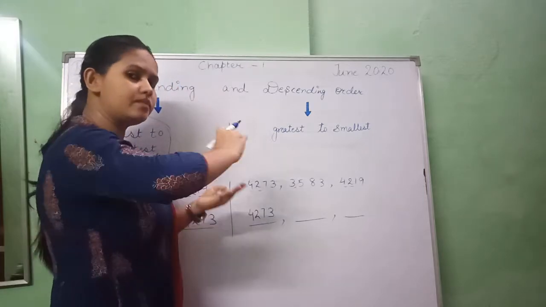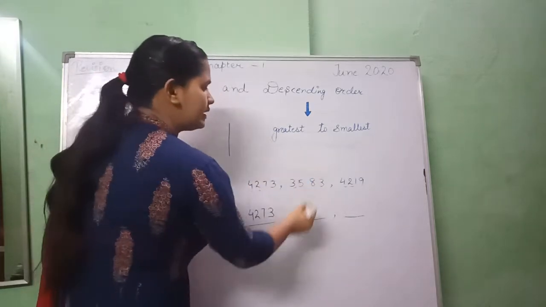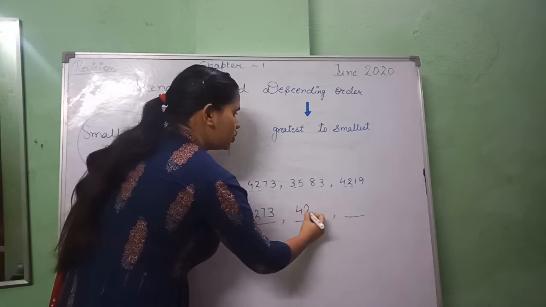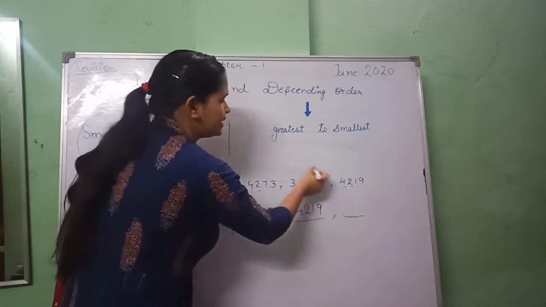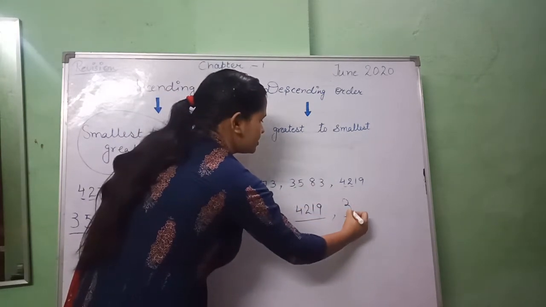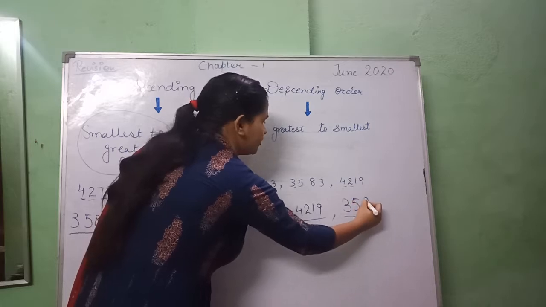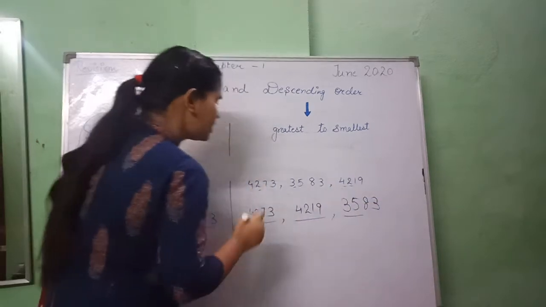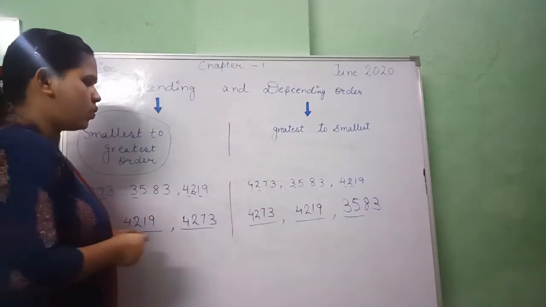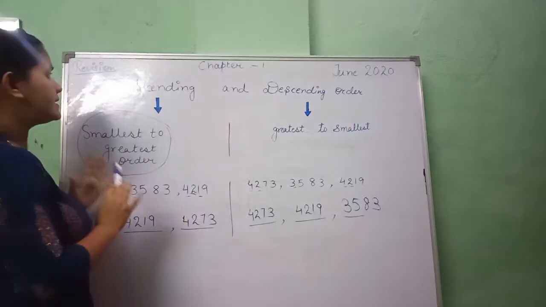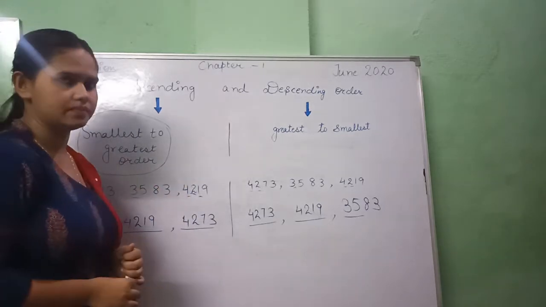Then we will take the next greater one, which is 4219, and in the last, which one is the smallest? 3583. Okay, this is one method of doing ascending and descending order.